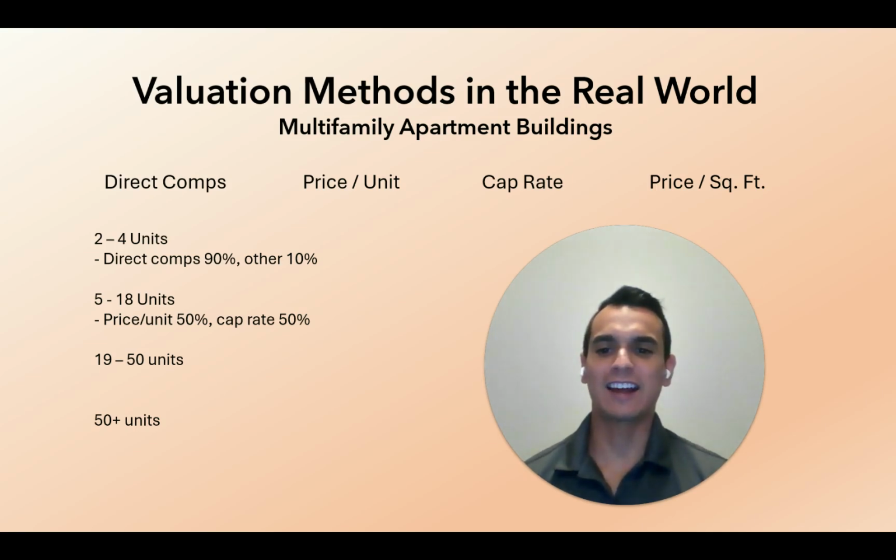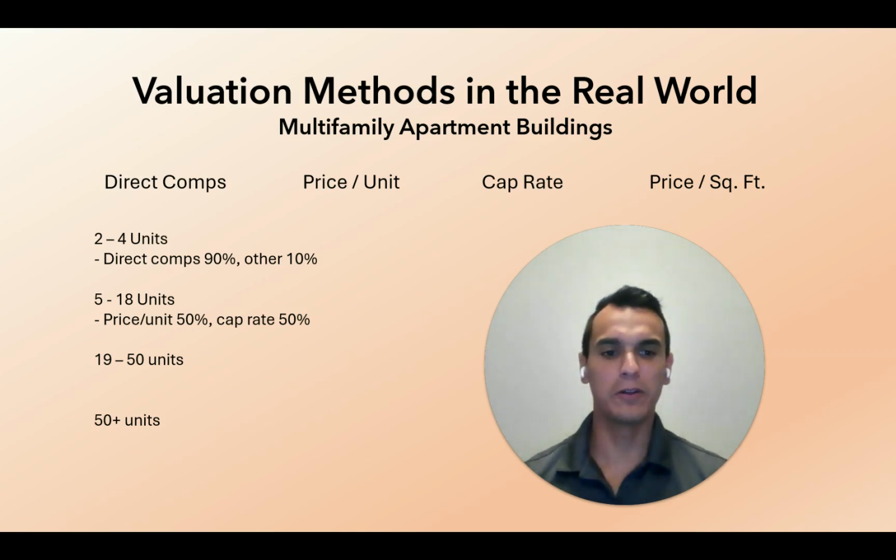But I also look at price per unit. How does this stack up compared to other properties in an area? I don't want to be setting price per unit records in any area. That's not the kind of investor I am, and a lot of you may share that same sentiment. But if the price per unit is high, maybe we can look a little bit more granular and see why that is the case.